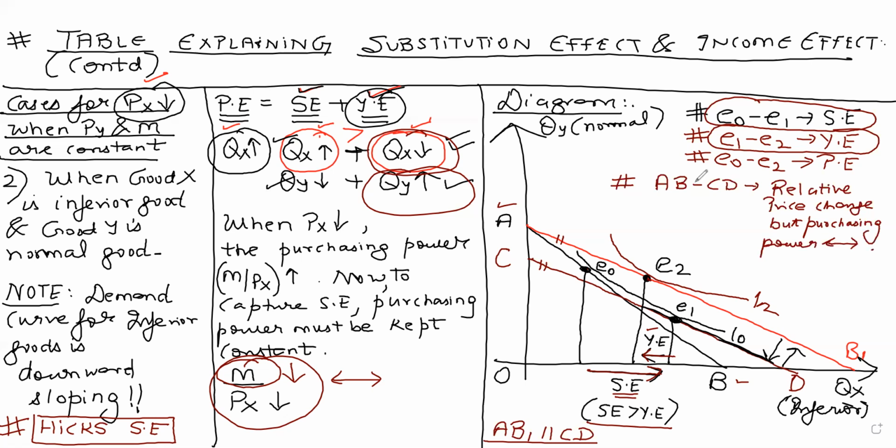When you are moving from the budget line AB to CD, relative prices are changing, but purchasing power is constant. So movement from AB to CD is capturing the substitution effect.